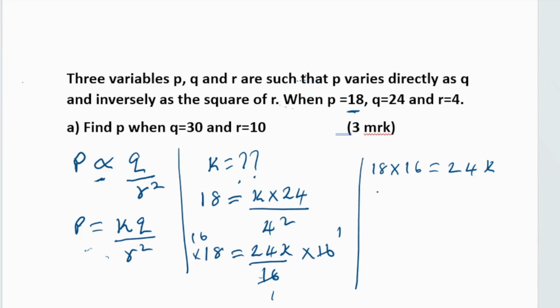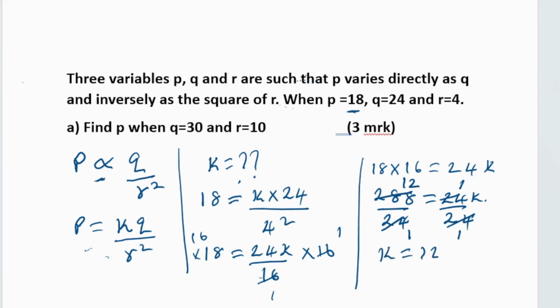So it will be 288 is equal to 24k. Now remember, we are looking for the value of k, which is a constant. So we divide this side by 24 and this side by 24. 24 divided by 24 is 1, and 288 divided by 24 is 12. And therefore the value of k will be equal to 12.